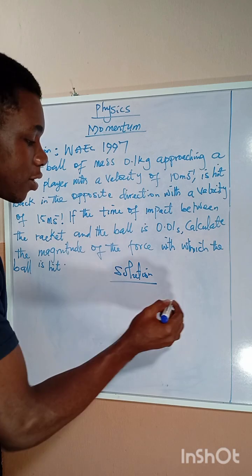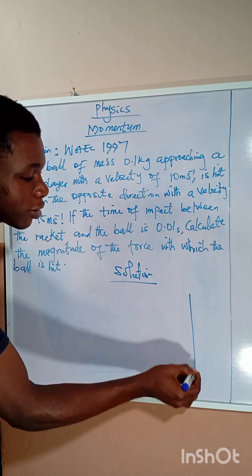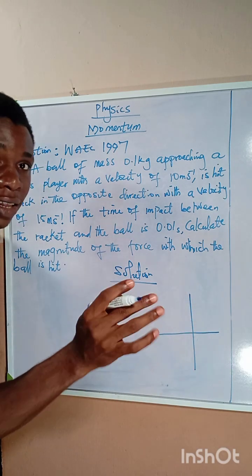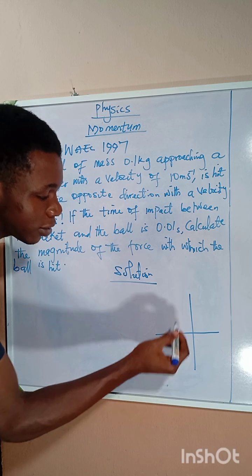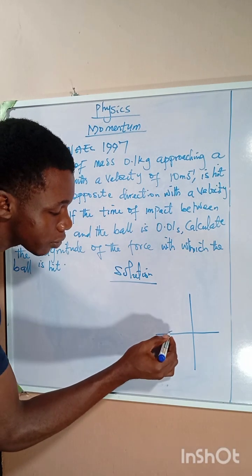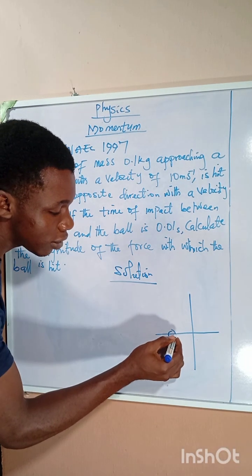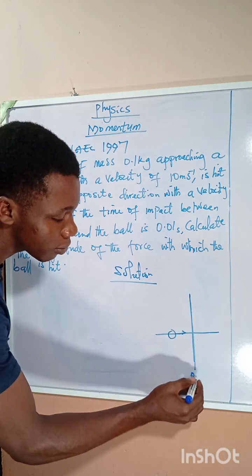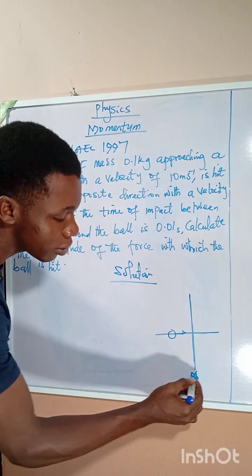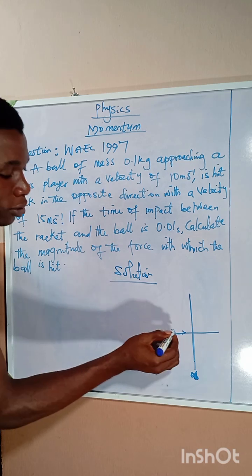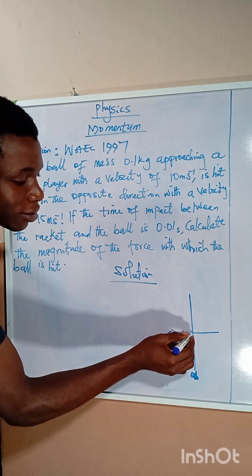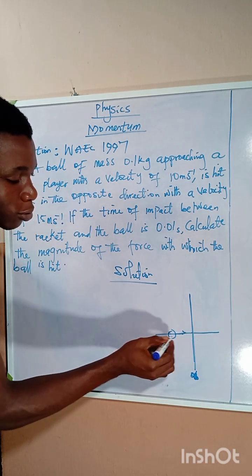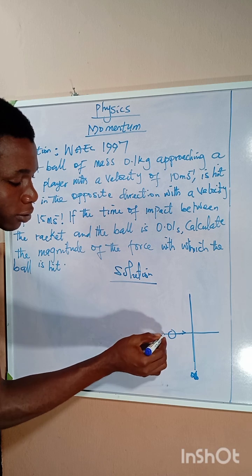To do this, I want to show you this. I'm giving you this as an analogy. Consider this a Cartesian plane where a ball tends towards this direction, and this is an obstacle. We're calling it OB. Now, once this ball encounters this obstacle, it tends to travel backwards.